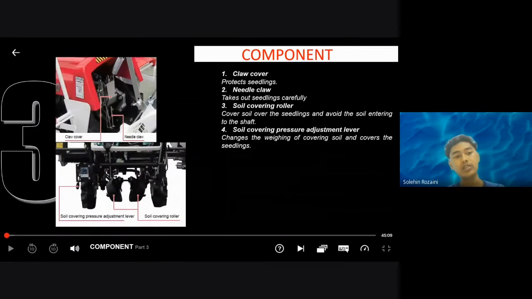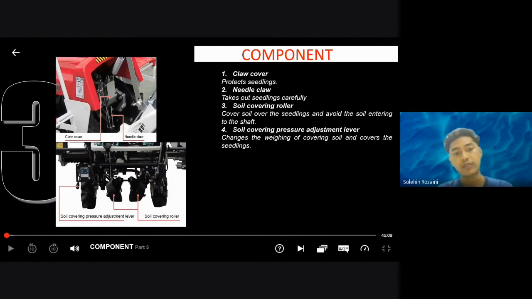Okay, next we talk about the components that make the vegetable transplantation happen. The first one is the claw cover to protect the seedling. The second one is the needle claw. Take out the seedling carefully. This one takes it out and then puts it at the ridge. The third one, the soil covering roller.